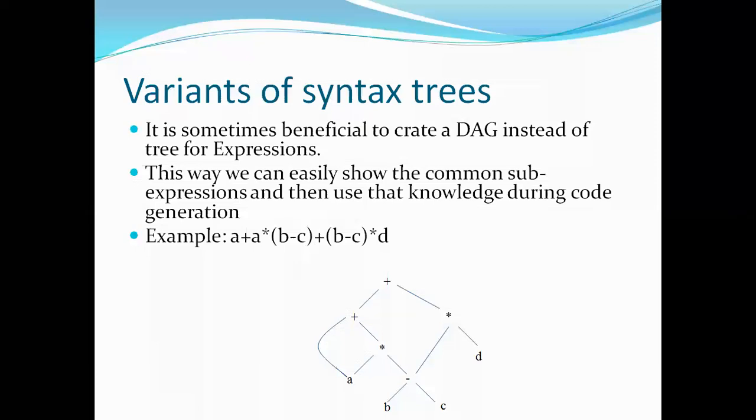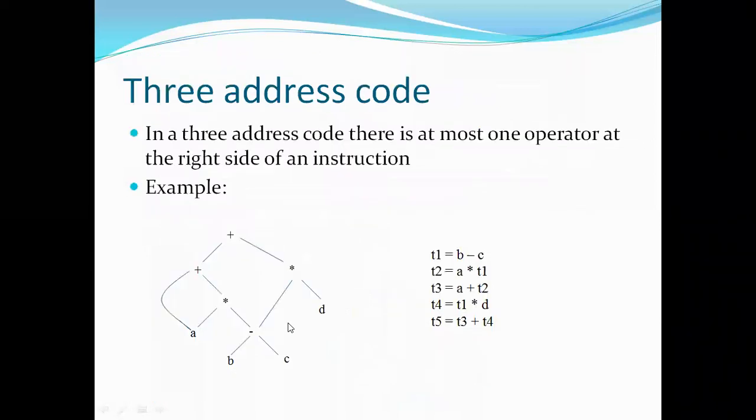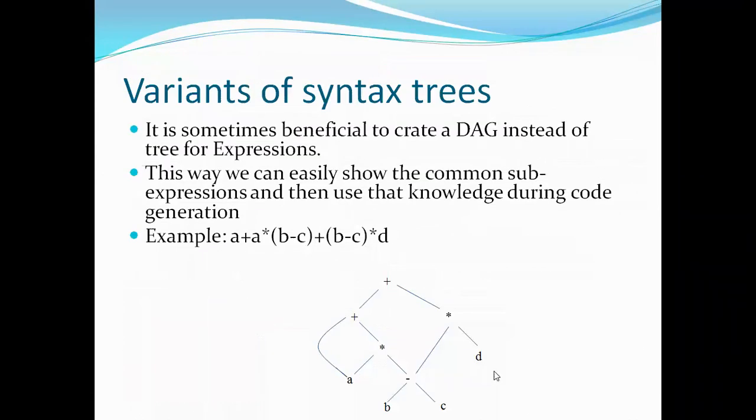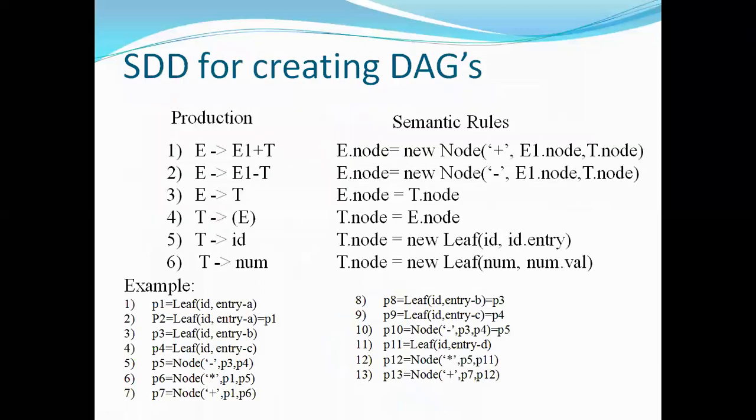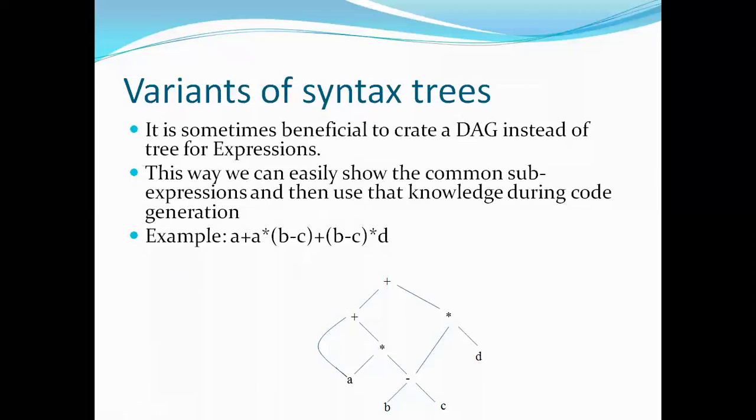From the given expression, first you need to write down the productions and the semantic actions, and then the sequence of operations for the DAG, and then the tree structure, the DAG representation. Is it clear now? 3 steps. 1, writing the semantic actions. 2, writing the sequence of operations, and third one is constructing a DAG.